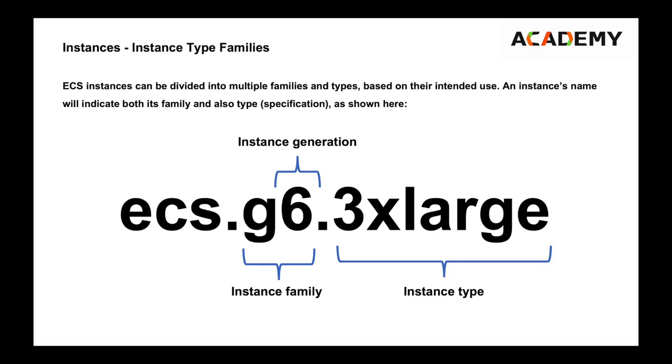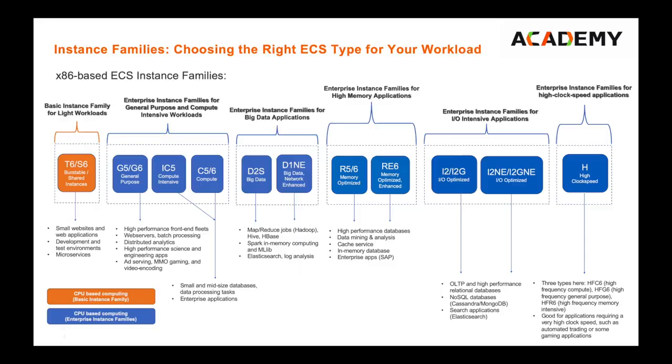An X large would have 4 vCPU cores, so a 3X large would have 3 times 4, 12 virtual CPUs. So we can expect this instance to have 12 virtual CPUs and 4 times that much memory, because a general purpose instance will have a CPU to memory ratio of 1:4, so we can expect this instance to have 12 vCPU cores and 48 gigabytes of RAM.